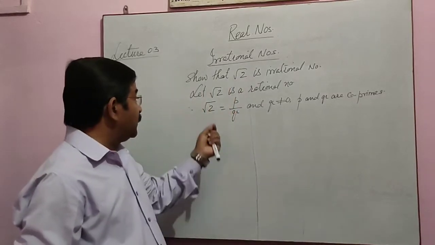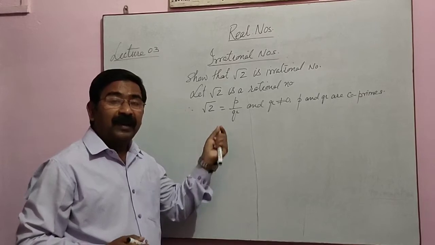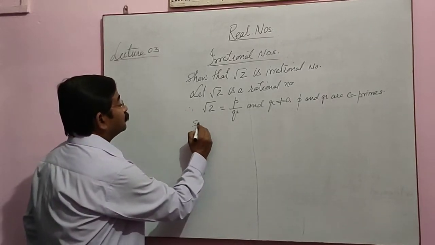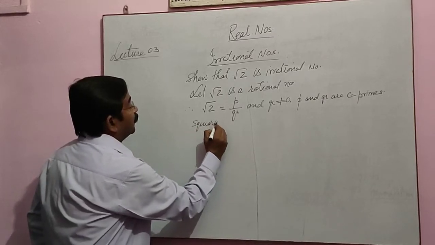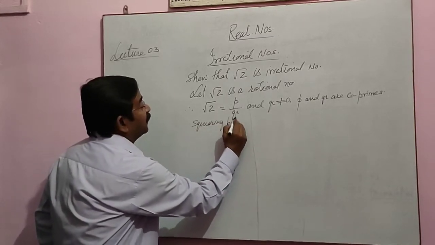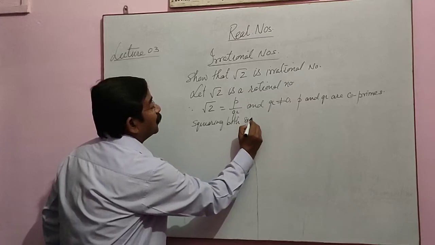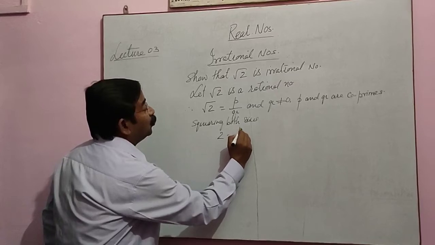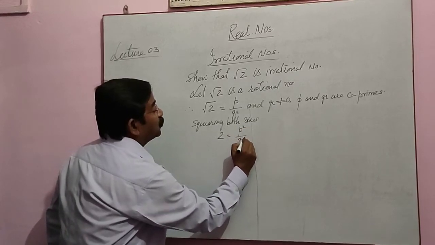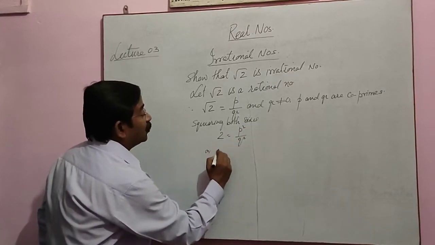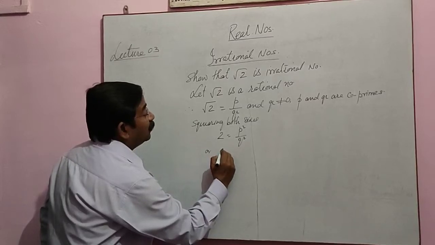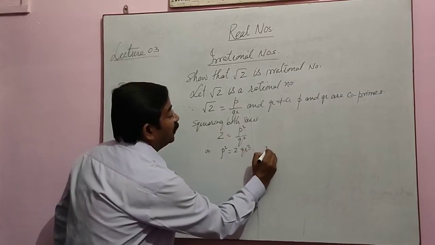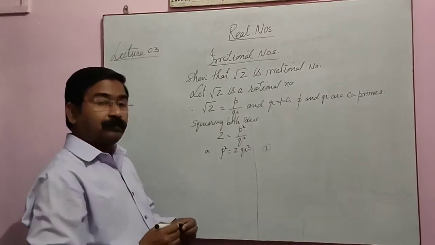So since it is a single number, we can apply squaring, squaring both sides. What we have: 2 is equal to p square upon q square, or cross multiply, p square is equal to 2q square. Let this be an equation.